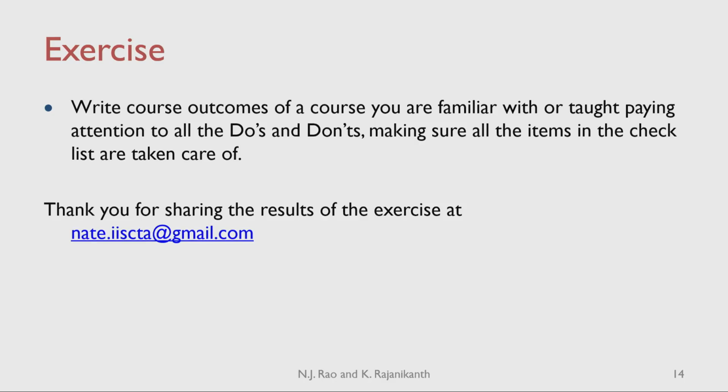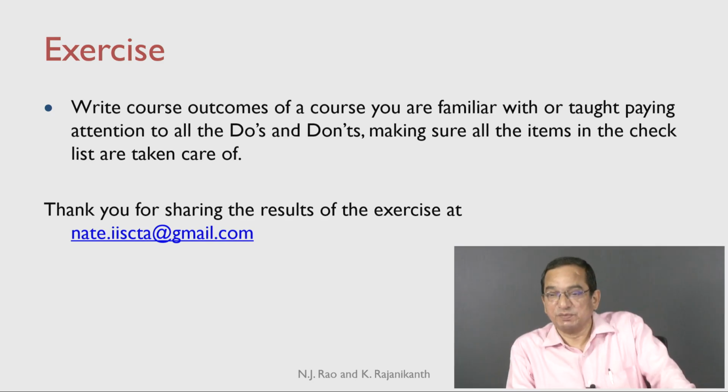So we have seen several outcome statements, and we have seen the reasons why these statements cannot be considered as statements of good quality. One has to take considerable care in writing the outcome statements. In all probability, the statements have to go through 2-3 rounds of iterations. 2-3 faculty can sit together, discuss, revise, and then after some gap again look at the outcomes, see if they can be improved. So after 2-3 iterations, it is likely that the outcome statements will be of good quality.